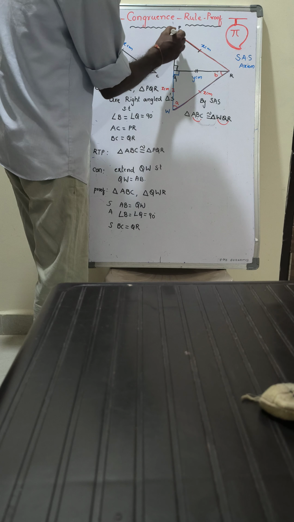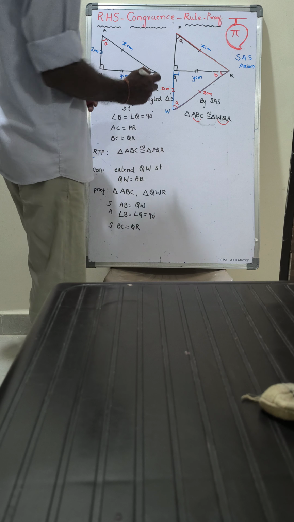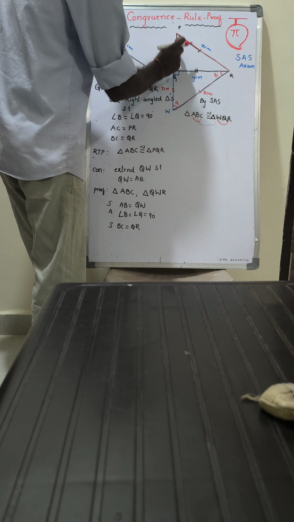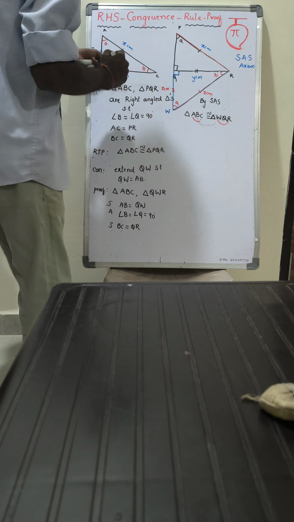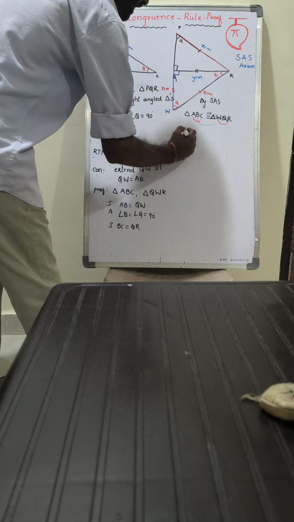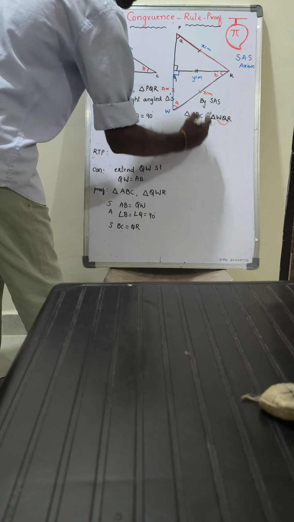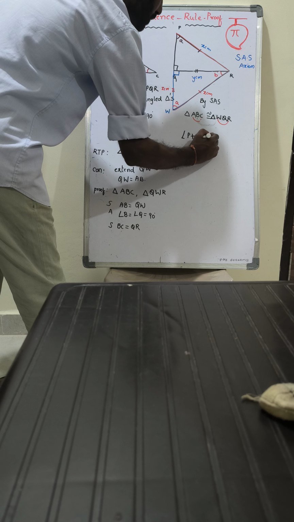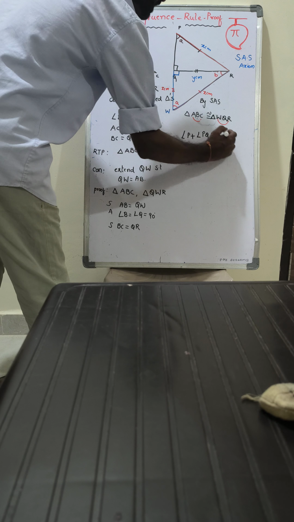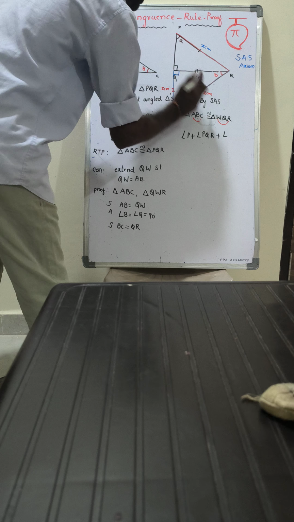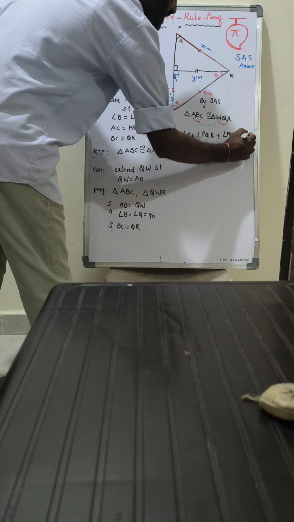If this is A, then this is also going to be A. This is A, and that is also A. So therefore, what is the sum of the angles in a triangle? 180. I would like to write this: angle P plus angle PQR plus angle PRQ is equal to 180 degrees.